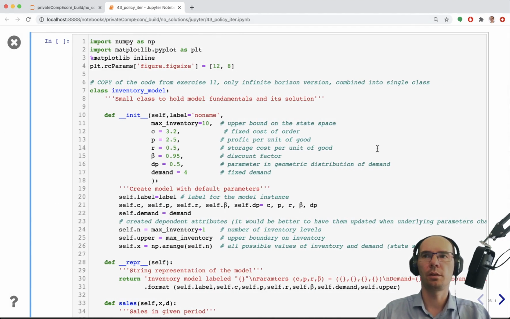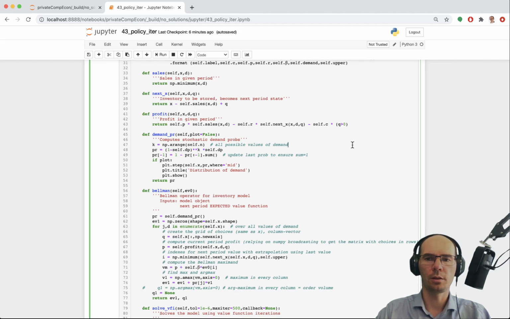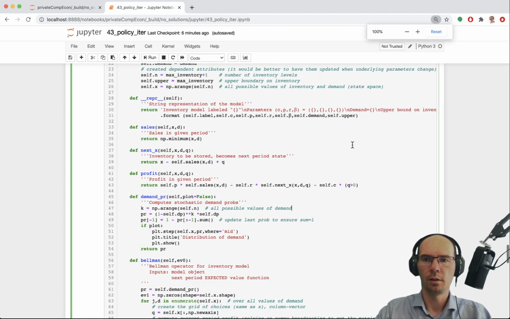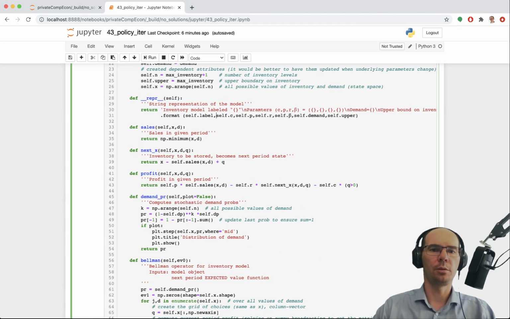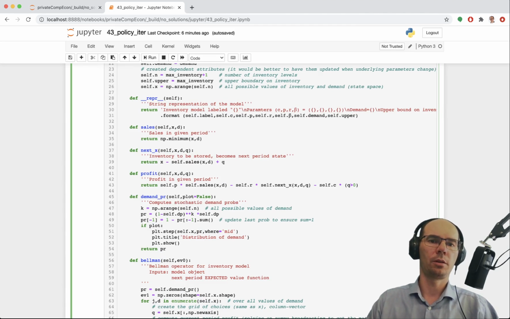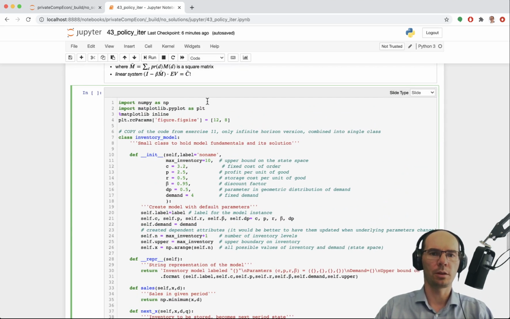Okay, let's now implement it. We are starting with the code that was developed in the solution to exercise 11, with a bit of a change in that I'm only looking at the infinite horizon version.